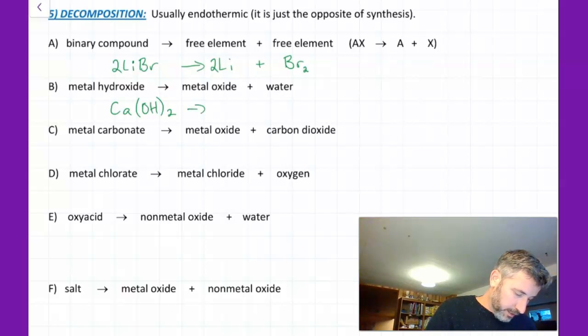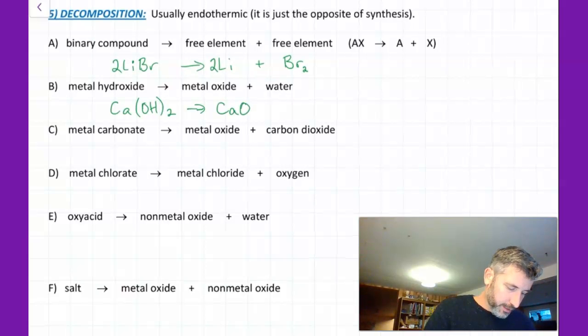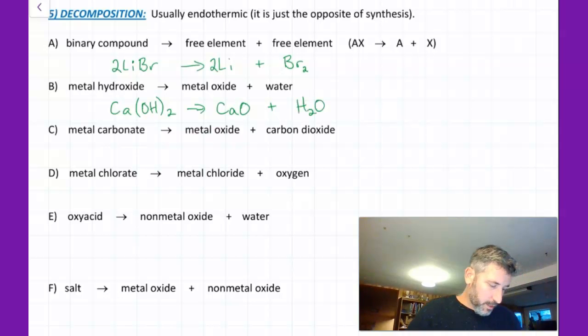So you're going to get a metal oxide, and of course, in this case, the metal is calcium. Calcium is 2 plus, oxide is 2 minus, so that's just going to be 1 to 1, and we're going to get water. Balancing wise, it looks like this one is balanced. We've got 1 calcium, 2 oxygens, and 2 hydrogens on both sides.